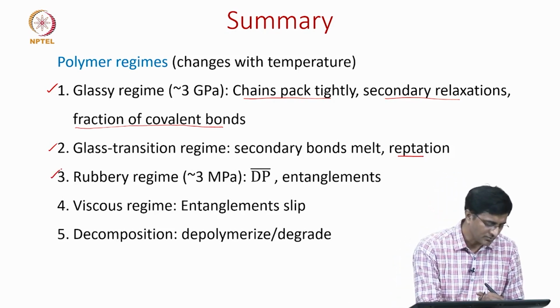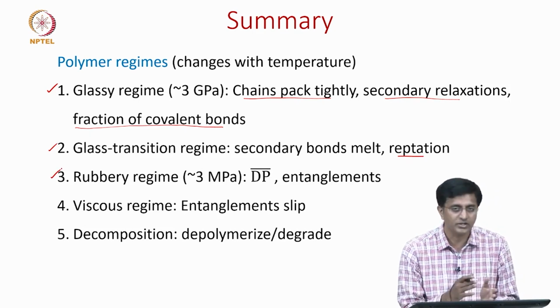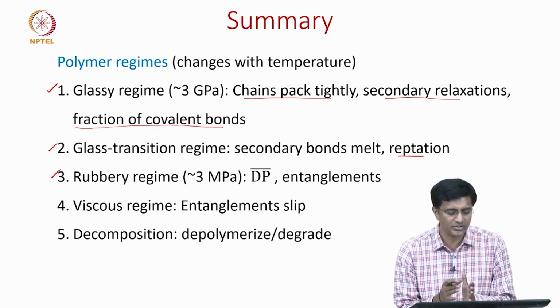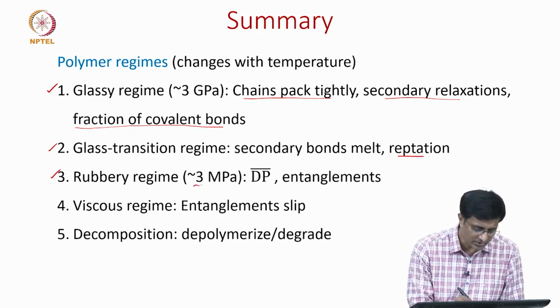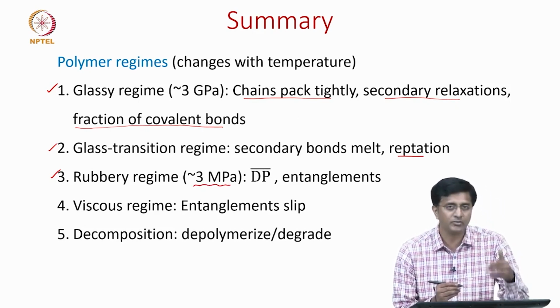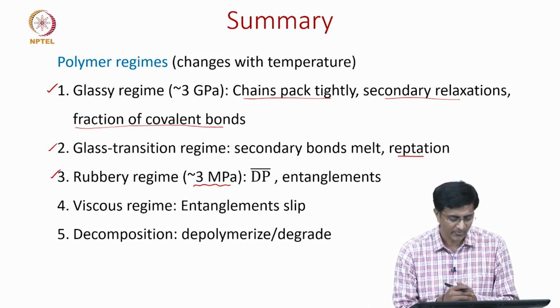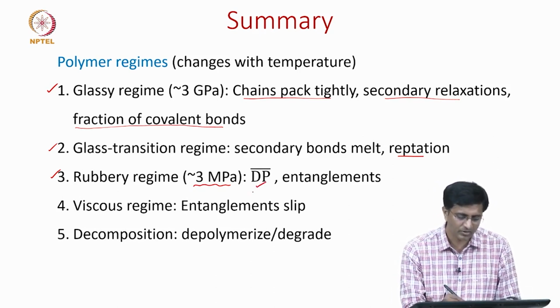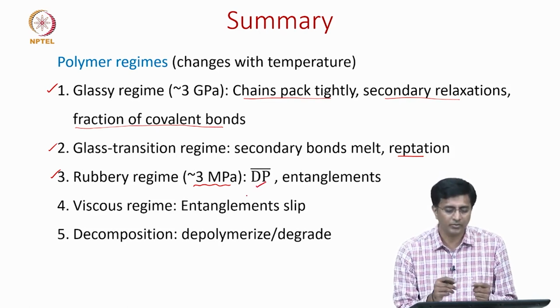And if the temperature is much beyond the glass transition, that is when we get into the rubbery region, where the modulus decreases to about 3 megapascal, starting from 3 gigapascal for glassy regimes.